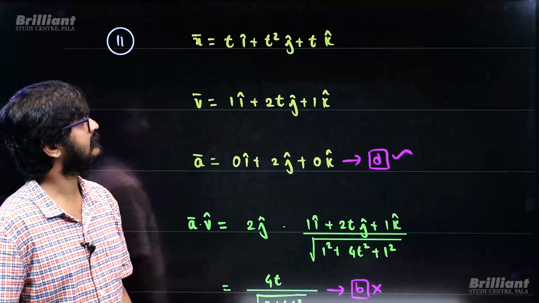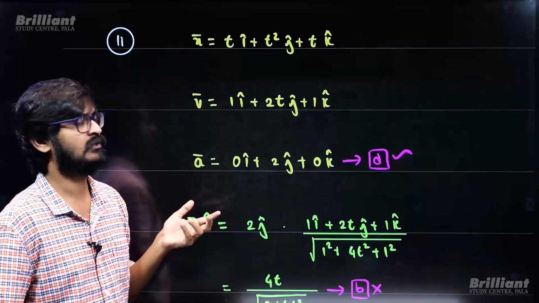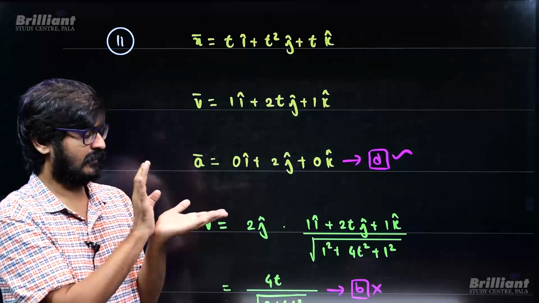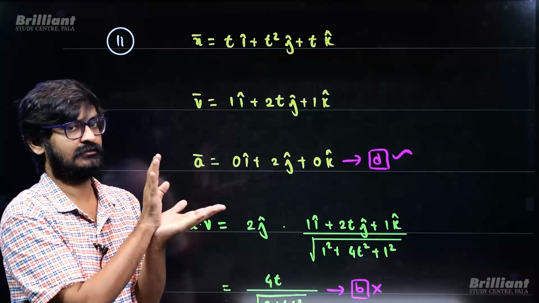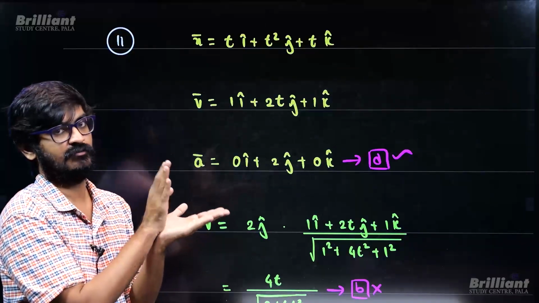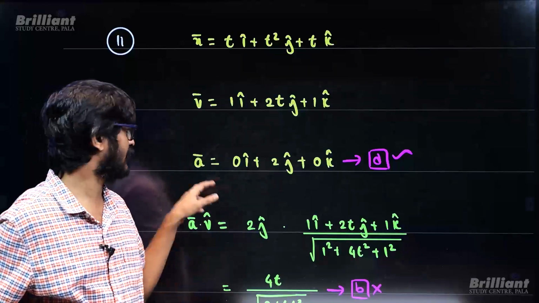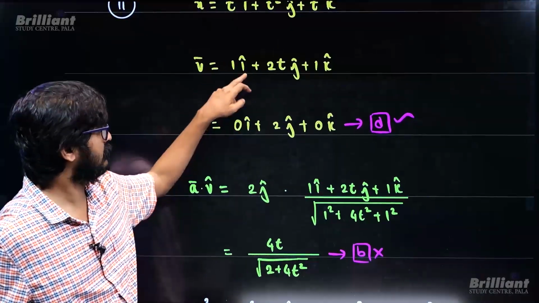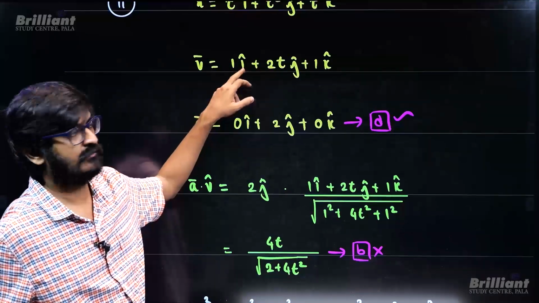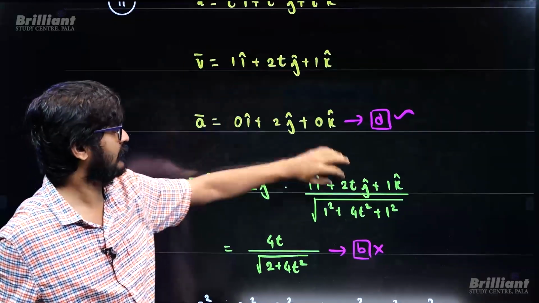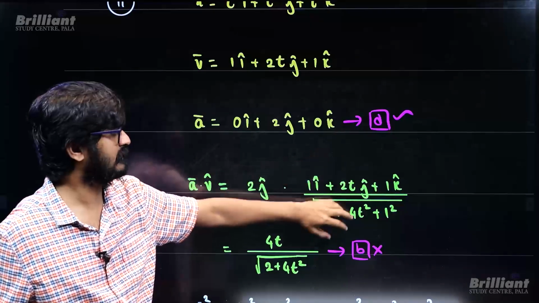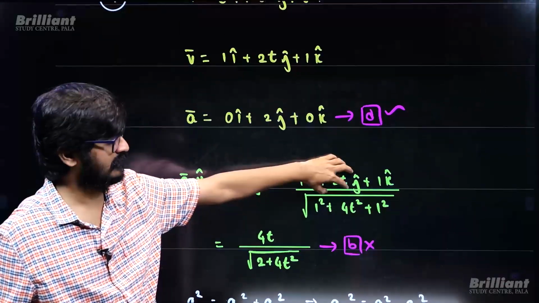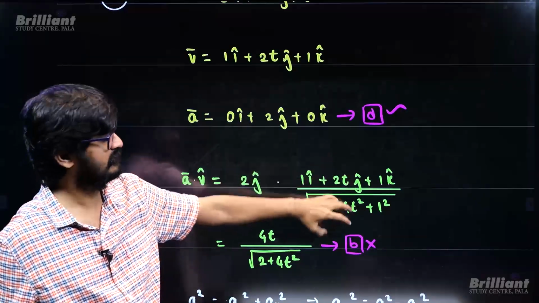Now if you want to find acceleration along velocity, so if velocity is this direction, acceleration is this direction. So you want to find what is acceleration's component along velocity. So I can go with a bar dot v cap. v cap is vector v by its magnitude.